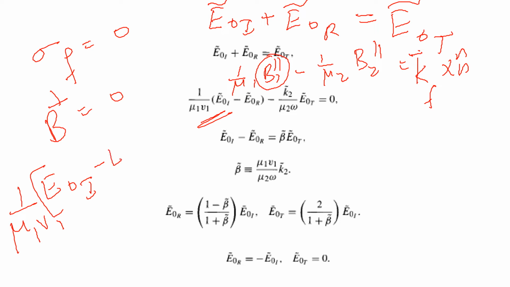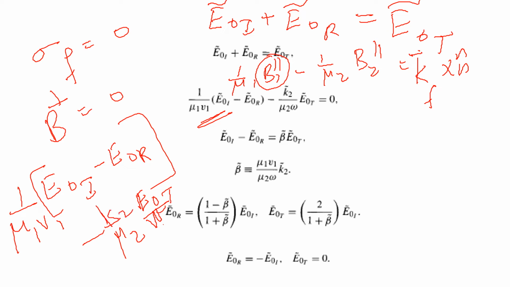Then minus 1 divided by mu2 times the transmitted part, B0T. Instead of B0T, you can write E0T divided by V, and instead of V, we can write omega by K2. That is why K2 divided by omega appears on top. All this is equal to 0 because there is no free current.